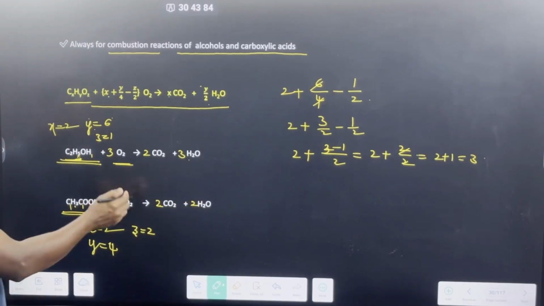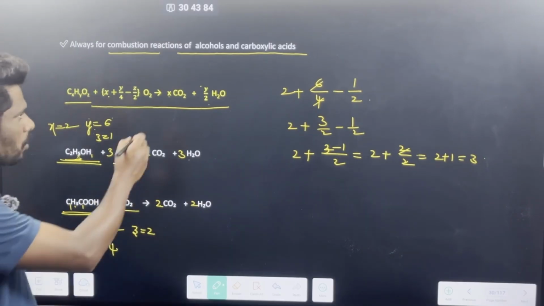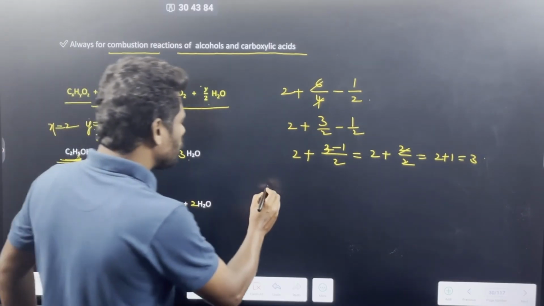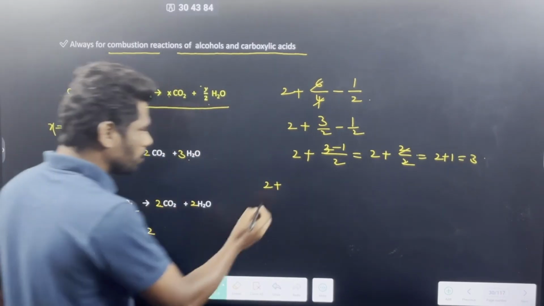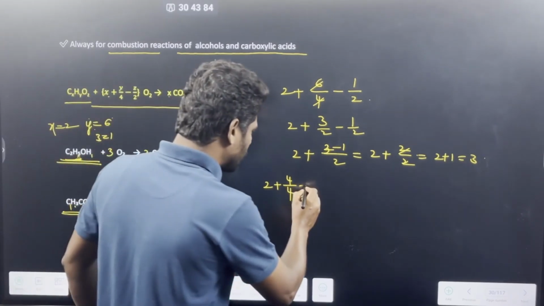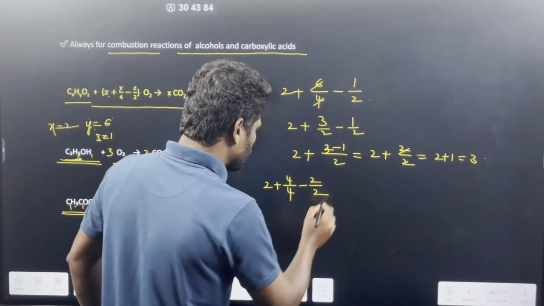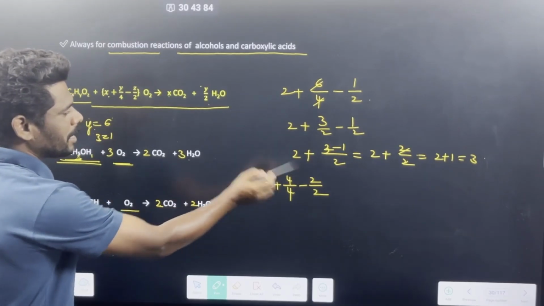Now let us find the coefficient for oxygen on the reactant side. Once again, what's the formula? X value is 2 plus, what's the Y value? 4. So 4 by 4. What is the Z value? That is 2 by 2, because the formula is x plus y by 4 minus z by 2.